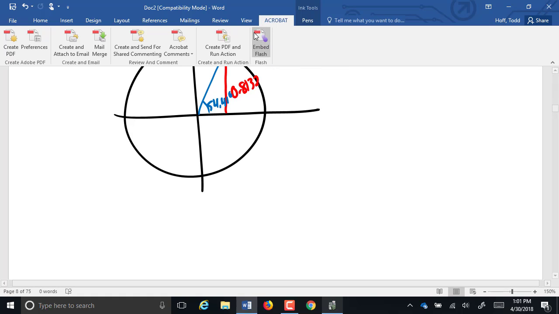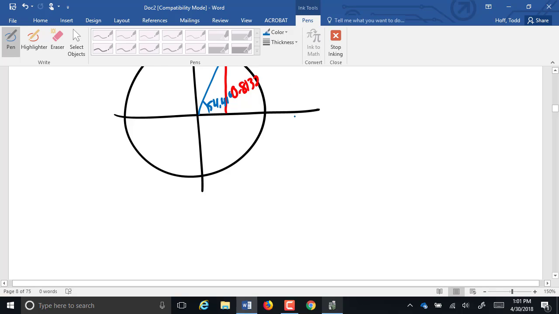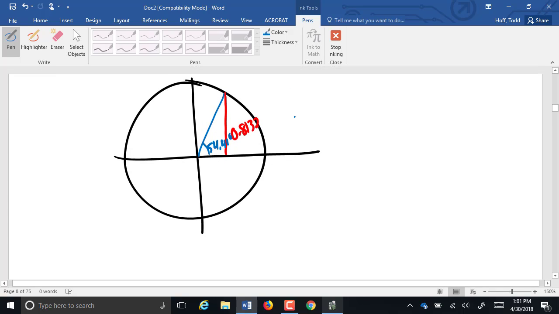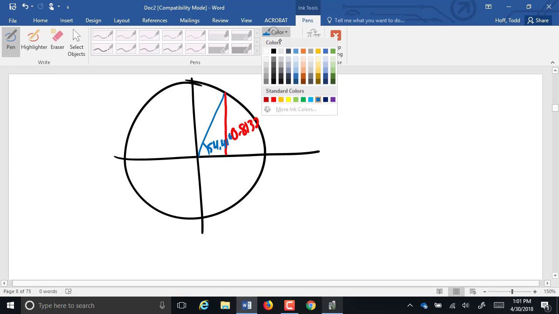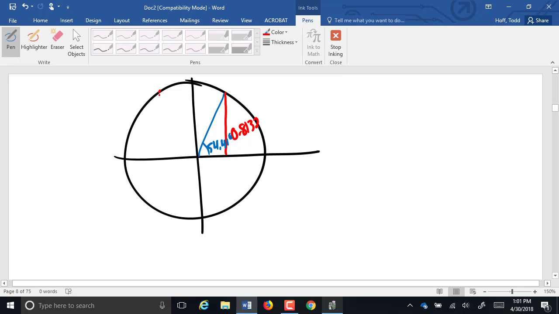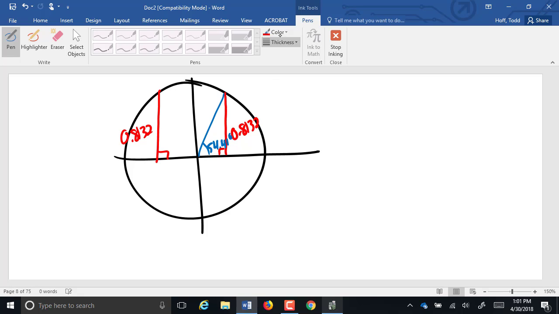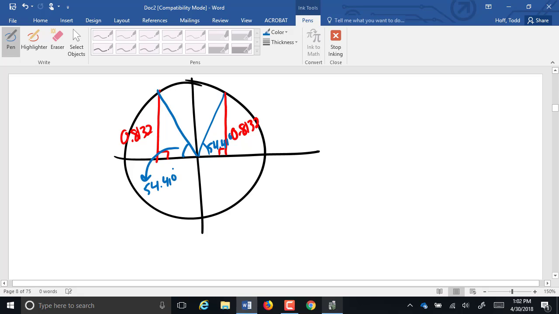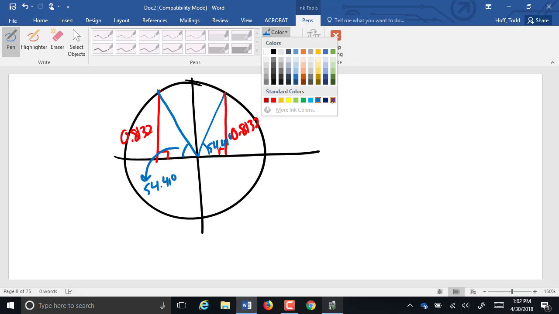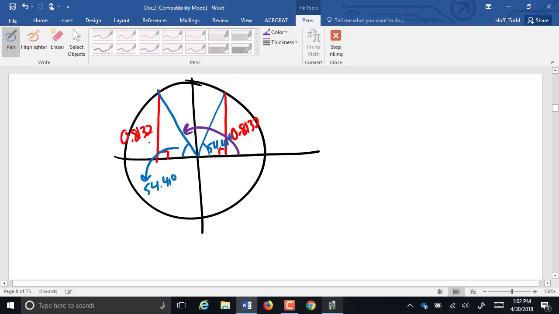Well, there's another spot on the unit circle that has that same sine. Right over here. Is it still positive there? Yes, it is. It's still positive, still above the axis. It would have a reference angle here, still of 54.41 degrees. So the actual angle is going to be the supplement.